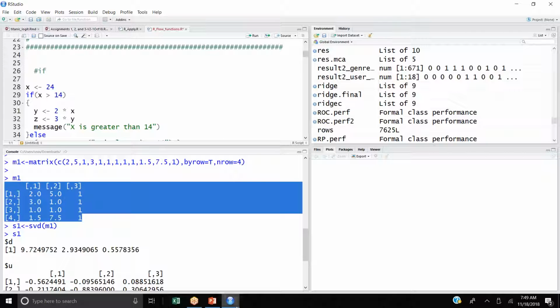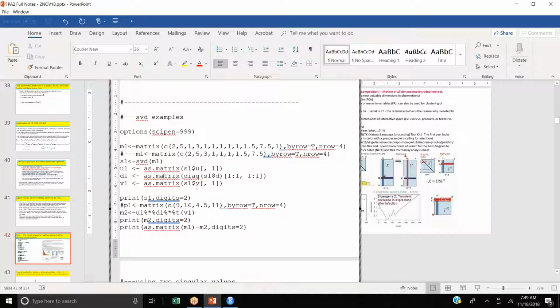Then I should be able to get back, as I keep increasing the singular dimensions, my original data. Okay, I'll try with the first dimension.